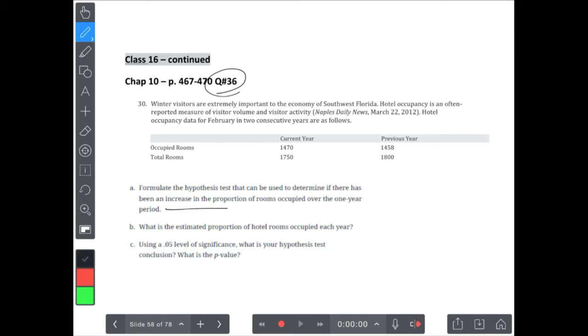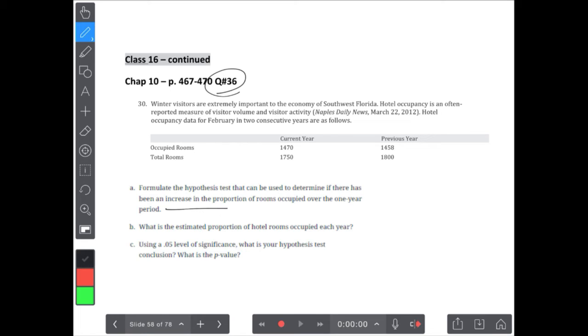So basically, this whole problem is just about testing the hypothesis about whether or not there has been an increase in the occupancy rate over the previous year. So if you notice, we had 1458 over 1800, but now we have 1470, which is higher, over an even smaller number of rooms of 1750. So it will appear on the surface that there must be some kind of increase between the two.